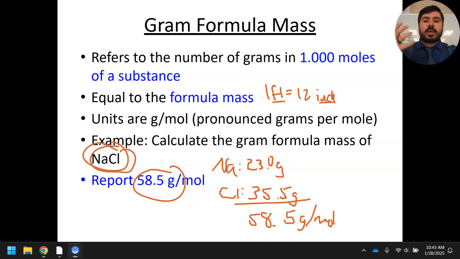It brings into the question, how do we understand this idea of the unit equality whenever we're talking about gram formula mass? Because if you haven't noticed, the gram formula mass, the number of grams per mole, is essentially different based on whatever substance you're talking about, right? This 58.5 grams per mole is very, very specific to the formula NaCl.